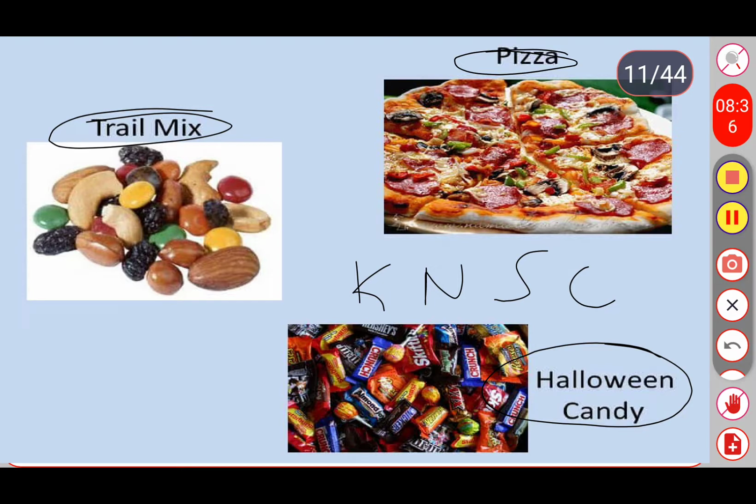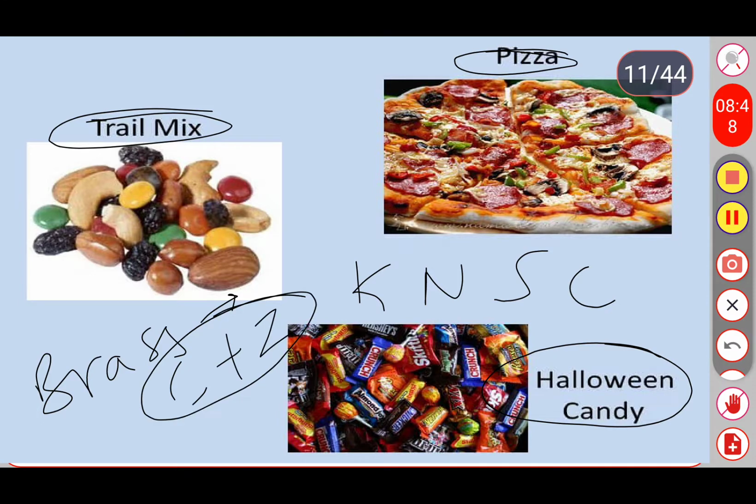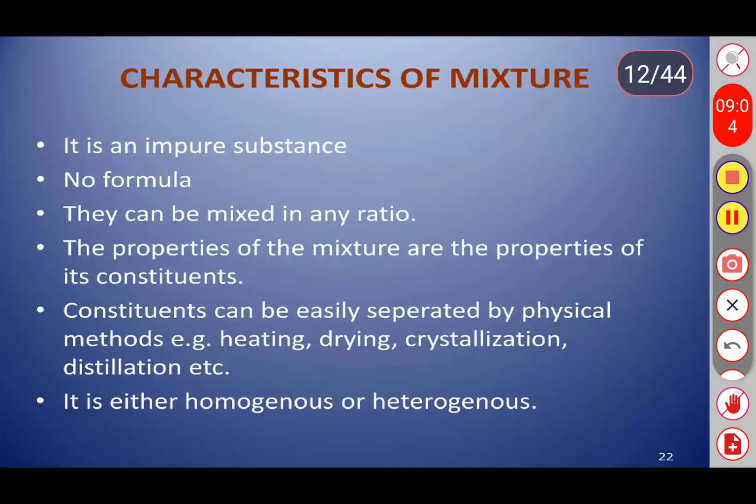Next one, brass is a mixture of copper and zinc. By the combination of copper and zinc, we will get the brass. The various substances present in the mixture are called its constituents or components of the mixture.